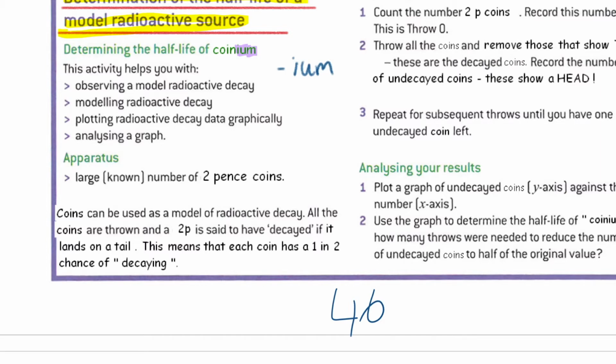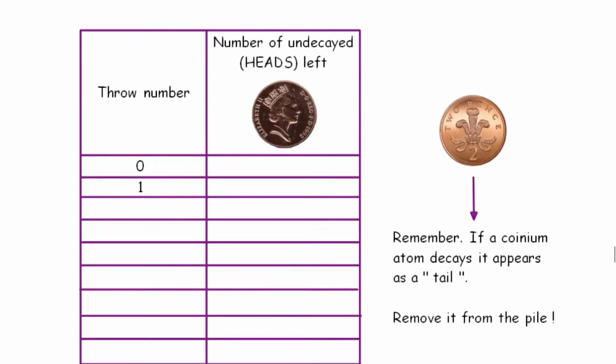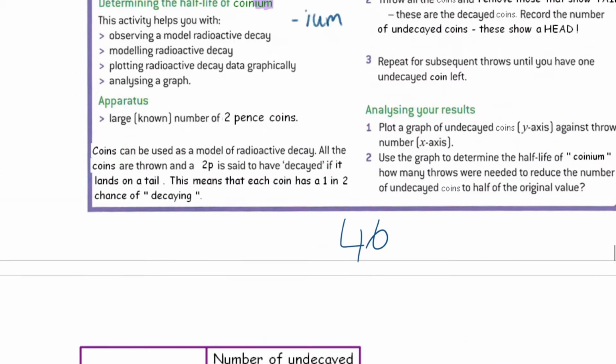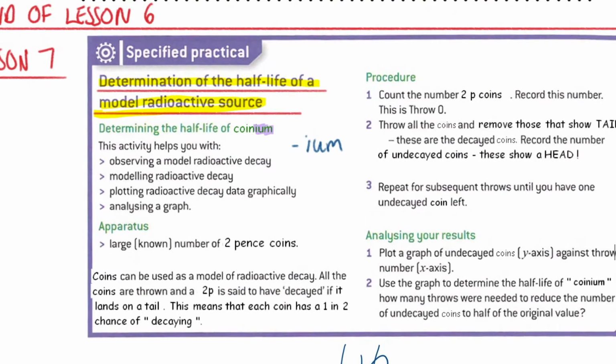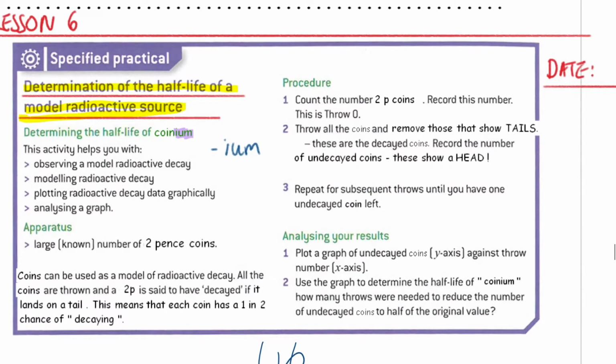So what you're going to be doing is looking at a video where Mr. Hancock has kindly modelled this experiment, done the experiment I should say, and we can then plot our results in this table underneath.